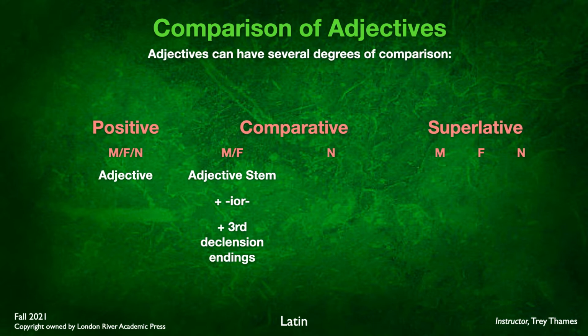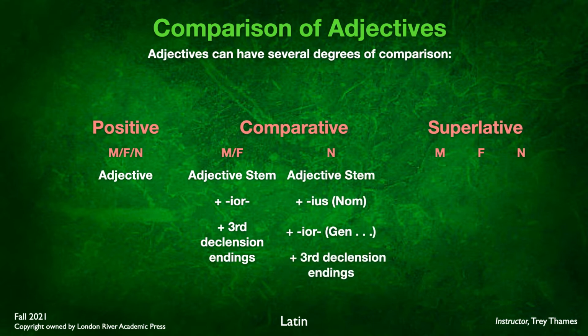For the neuter, it's very similar, except in the nominative case. For the nominative, rather than add the -ior infix, we will be adding the -ius infix. And then for the genitive and the following cases, you will go back to the -ior, and then, of course, third declension endings. We'll look at these forms here in just a minute.